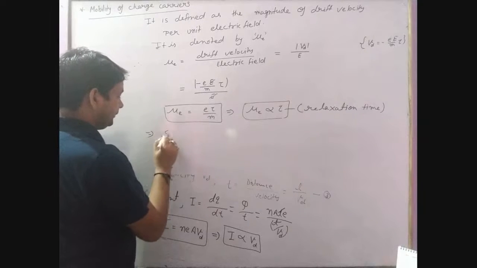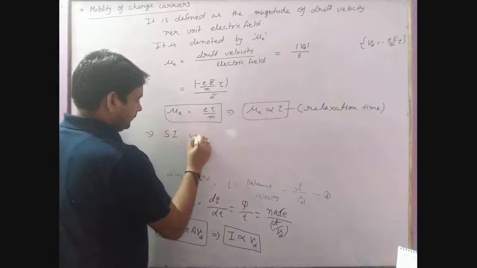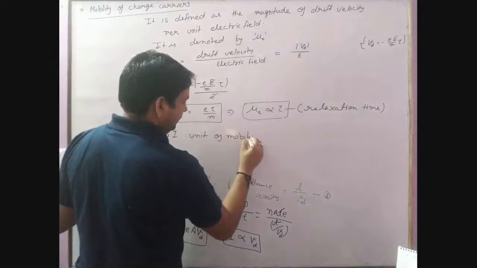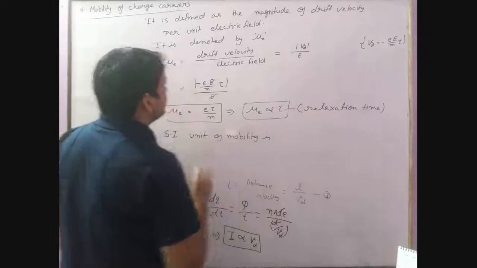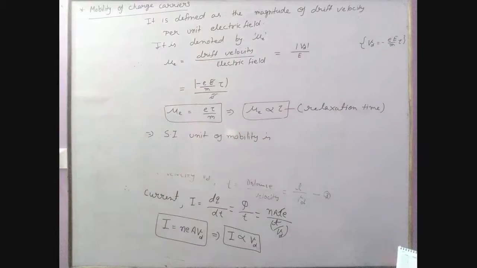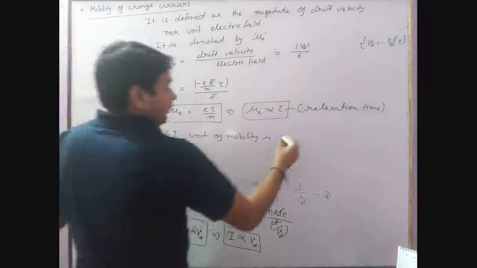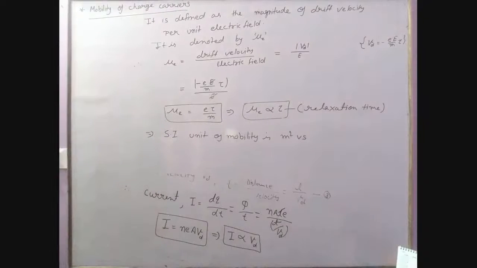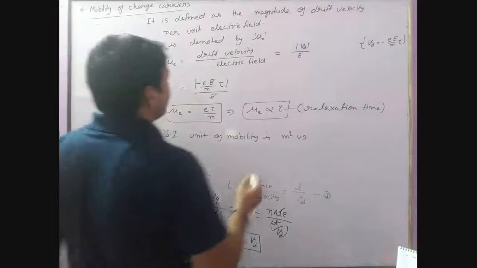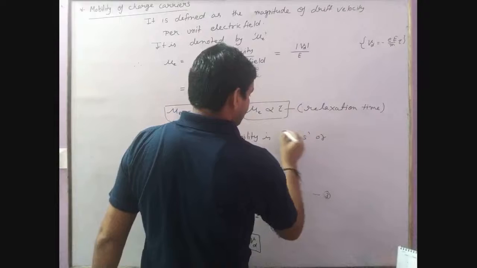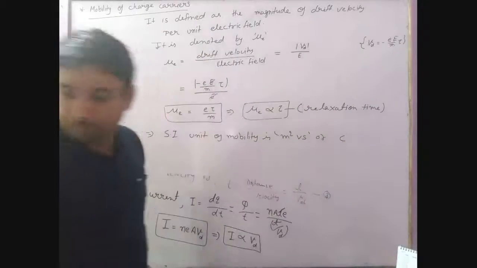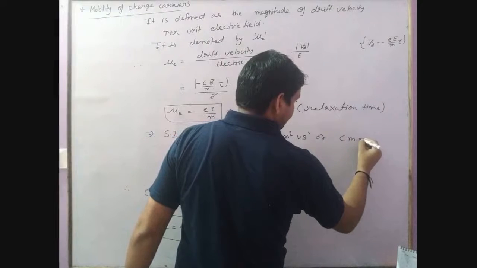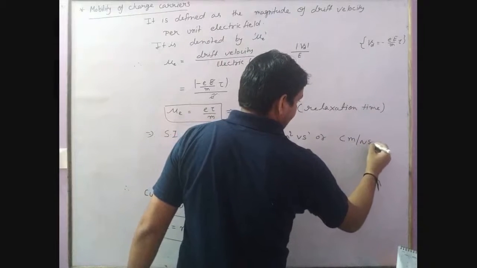Now the SI unit of mobility is meter square per volt second, or you can say Coulomb meter per Newton second.